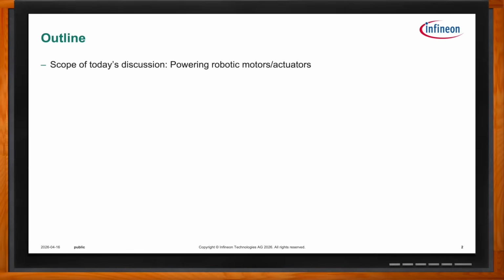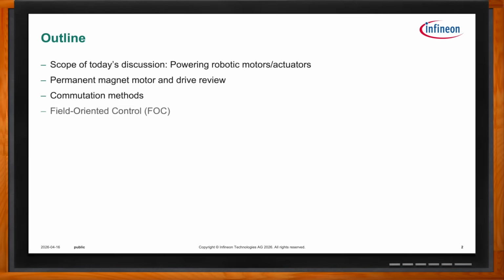And let's start with just making sure we're all on the same page for these kind of motors, the permanent magnet machines and how they work, the different commutation methods that they can use, and how that's controlled. Because all of that is important to then understand why the power transistors are important and how they can help given the type of motor and the type of control that we're going to be using.